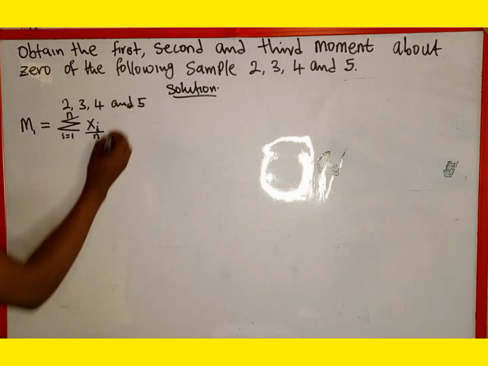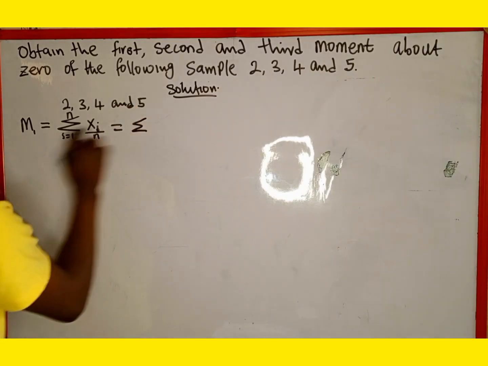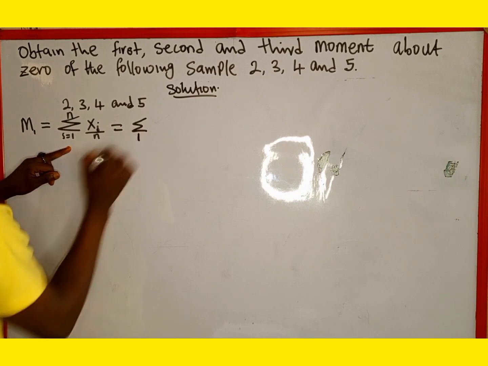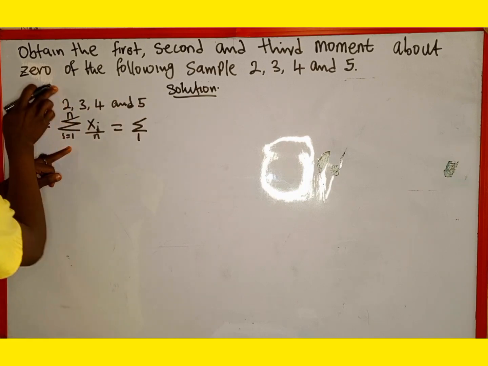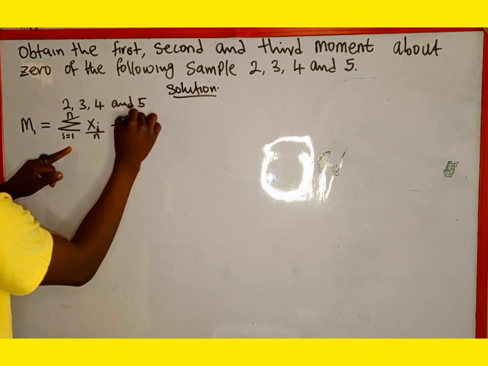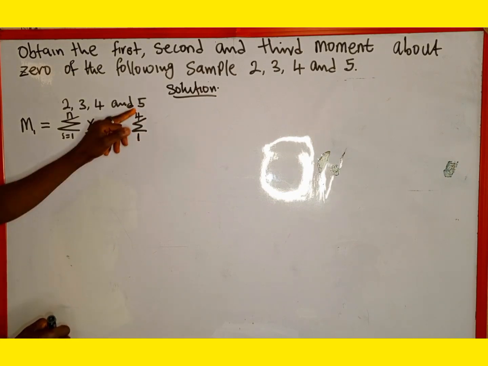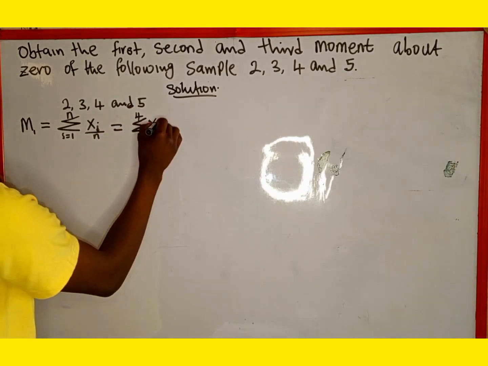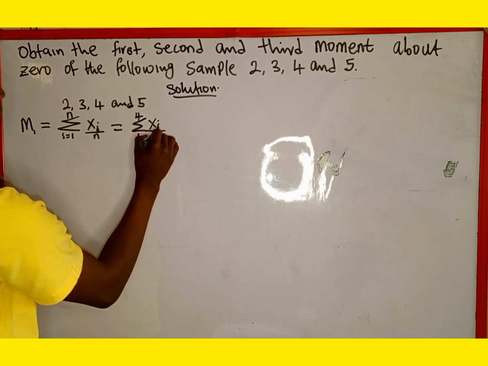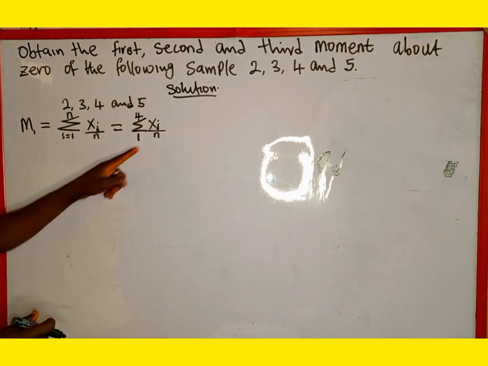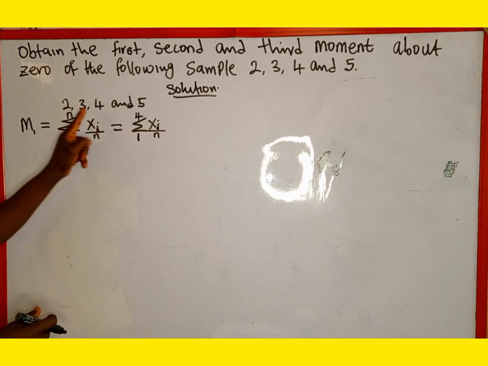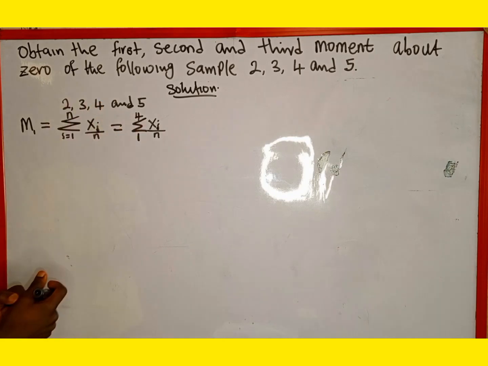So in this formula, we're going to have the summation as i ranges from 1 to n, and n is what? 1, 2, 3, 4. So our n is 4. I ranges from 1 to 4, then xi, over n. So to substitute into this formula, xi means each of these data, and we're going to sum them up together.